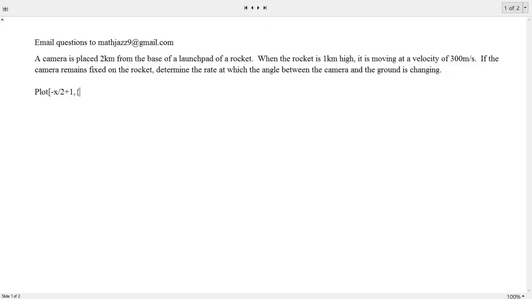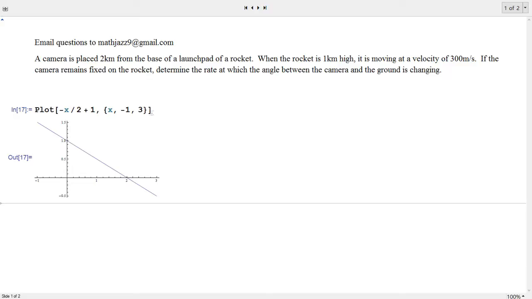Now let's plot this from x is -1 to 3. Oh, that has to be in an evaluation cell. There you go. There we go. Maybe we'll make it a bit thicker to be easier to see. There we go.